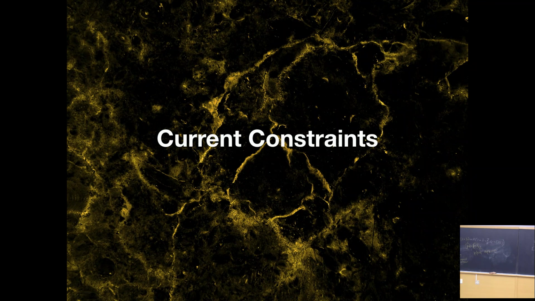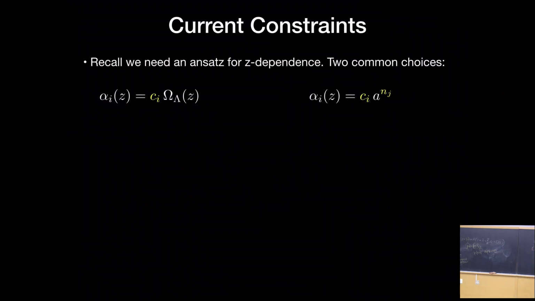So finally, in my last few minutes, I will say a few words about the current status of constraints on these parameters. I told you that these alpha parameters were the things you actually wanted to constrain with data, and that they were functions of redshift. That makes your life hard because you have to constrain a function and not a single number. So what we usually do is plug in an ansatz for the redshift dependence of these functions.